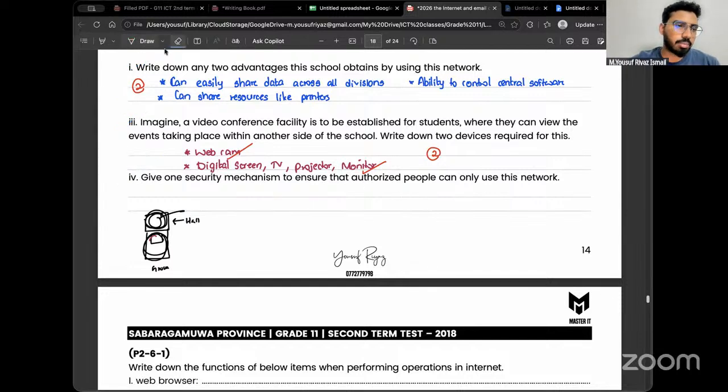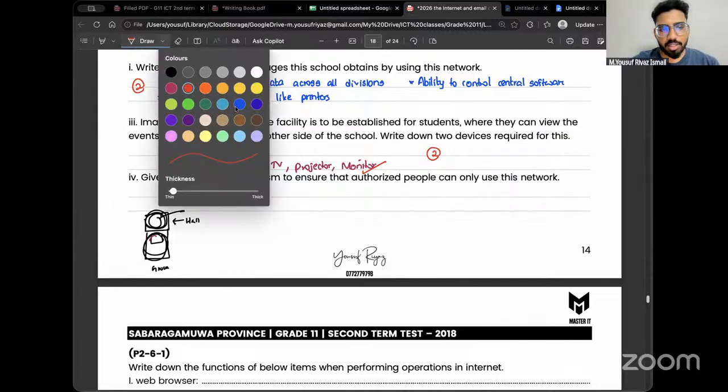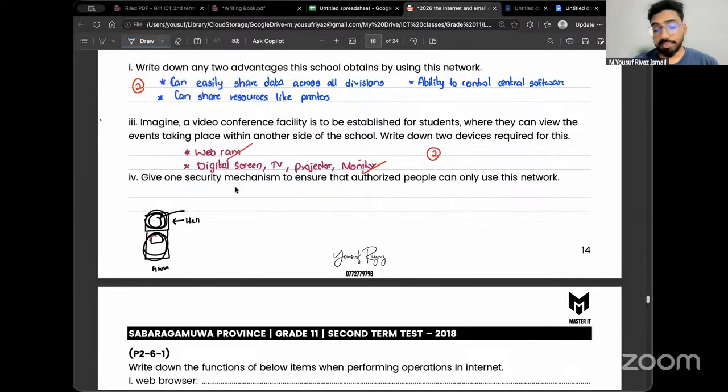In your school exam, sometimes you might get marks, but I'm not going to give you all marks because of not being relevant. Give one security mechanism to ensure that authorized people can only use this network. Very easy answer. How do you basically secure?